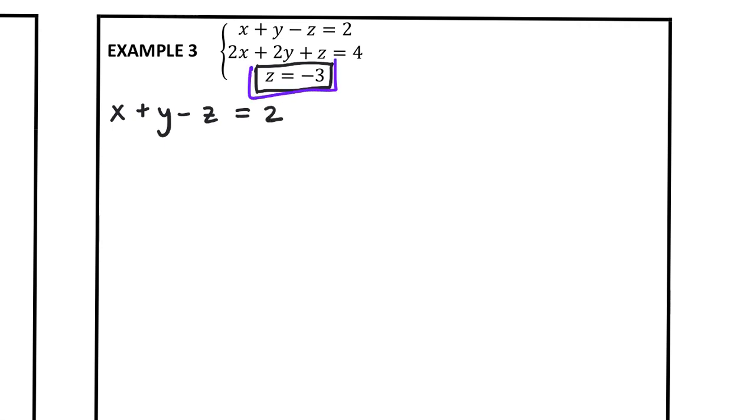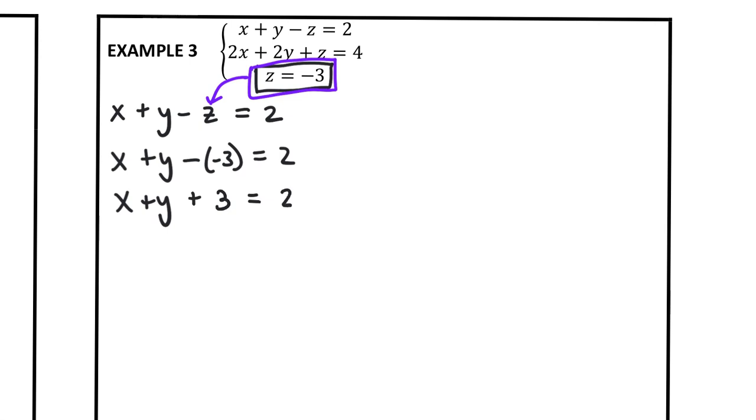We take the first answer and replace it for the variable that's there, right, for z. Then we do x plus y minus, be careful with this one because the z is negative, so it's minus parentheses and negative 3 equals 2. So if I simplify, what happens with the minus negative? Becomes plus 3 equals 2.